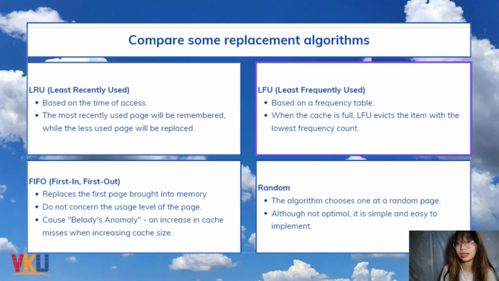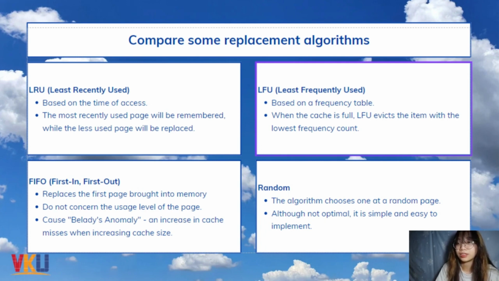Additionally, I compare FIFO, which stands for first in first out, with the others. To be honest, it is the simplest algorithm of all, because FIFO replaces the first page brought into memory, which means the cache line that has been inserted for the longest time will be replaced.